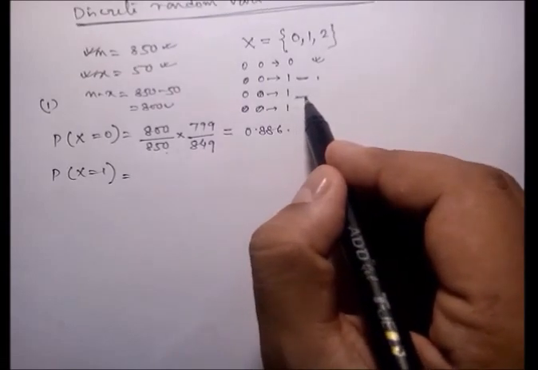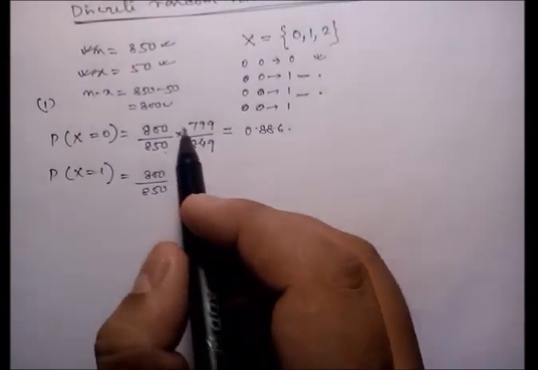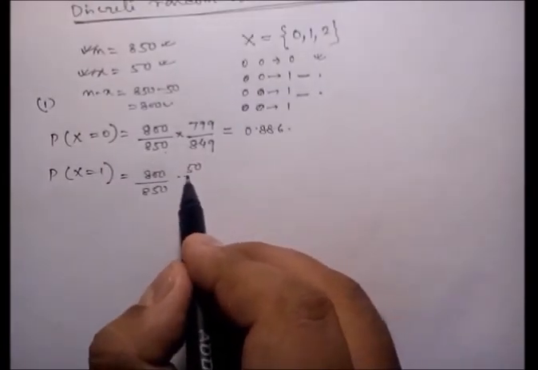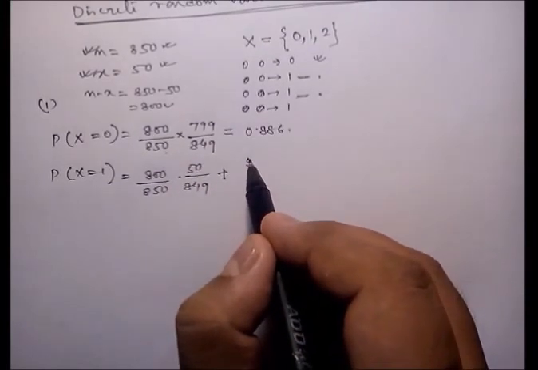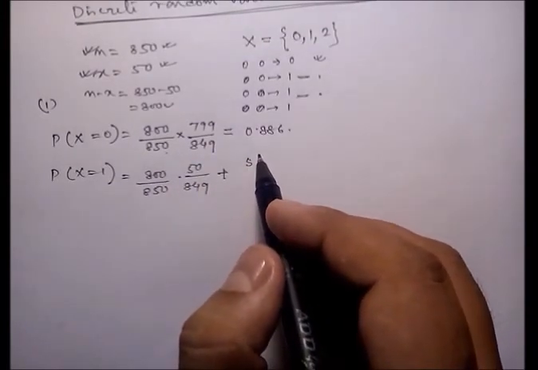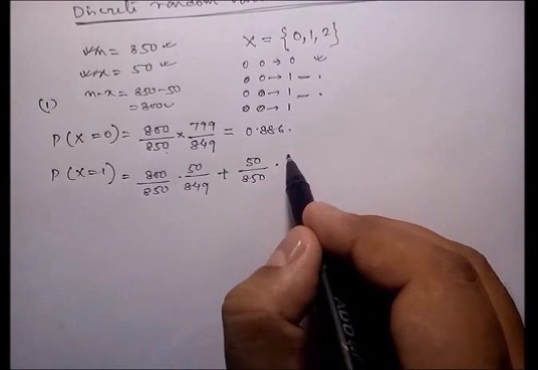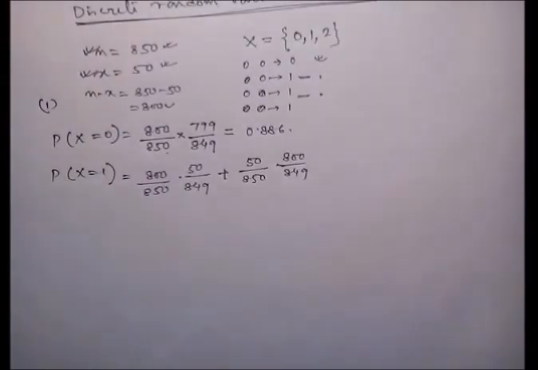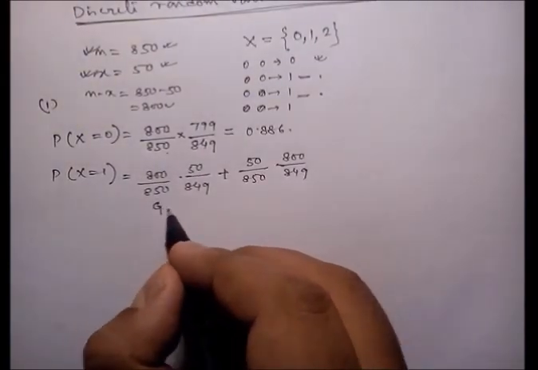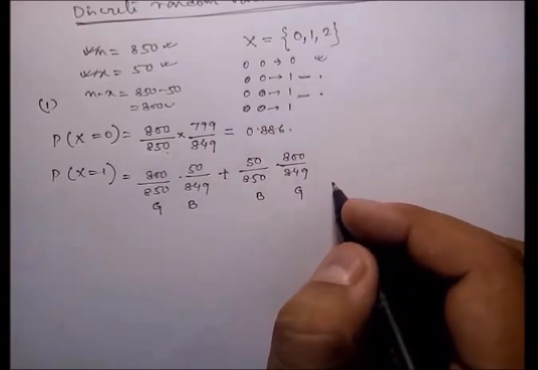Total 50 bad products are there, so 50 by 849 times 800 by 850, plus the first one being a bad product: good then bad, bad then good.